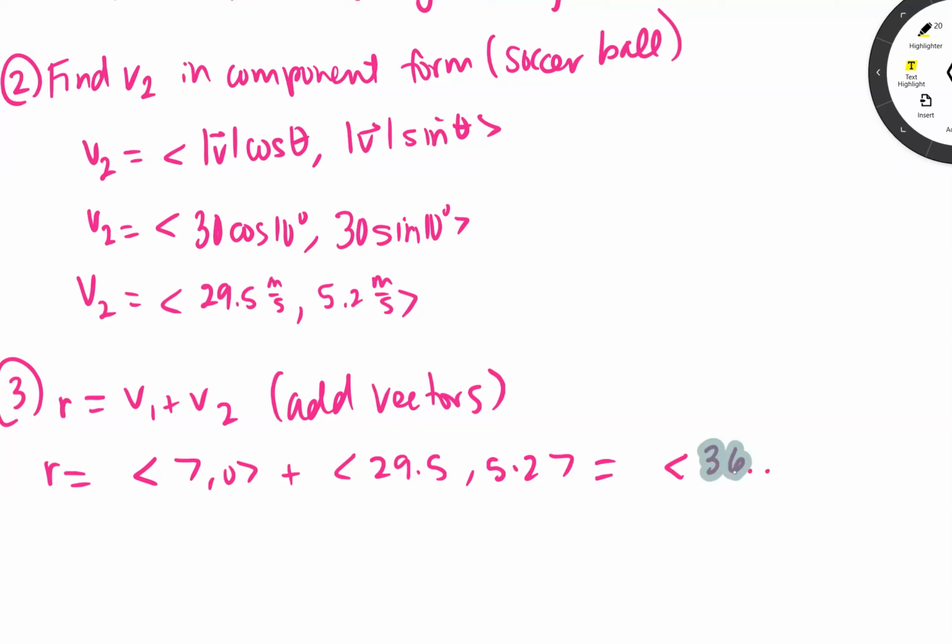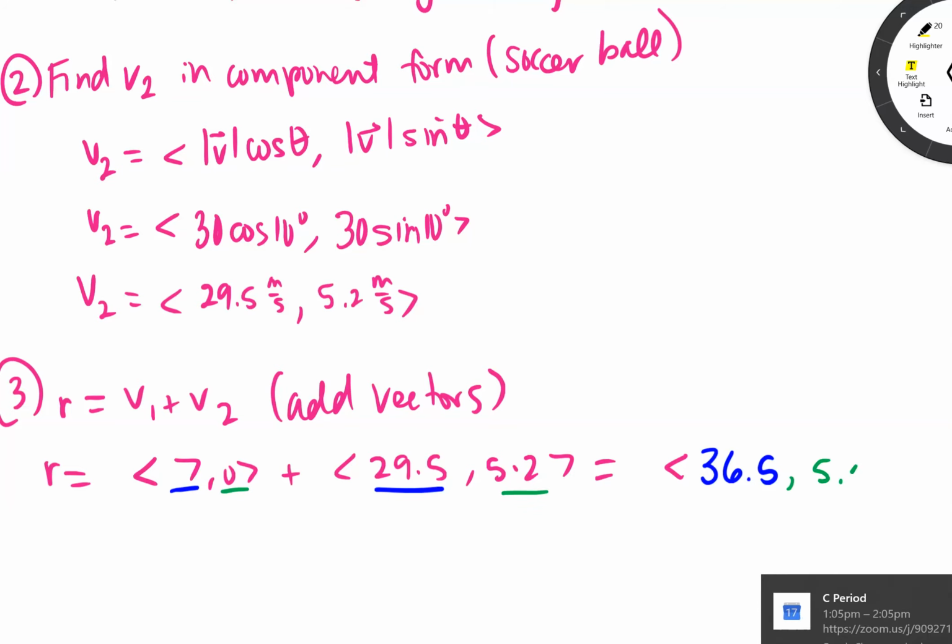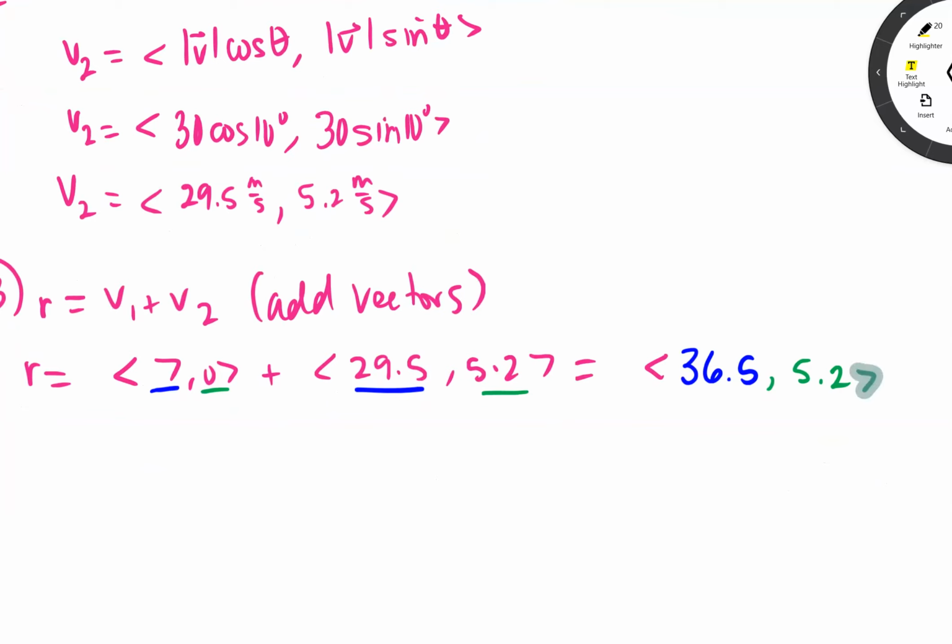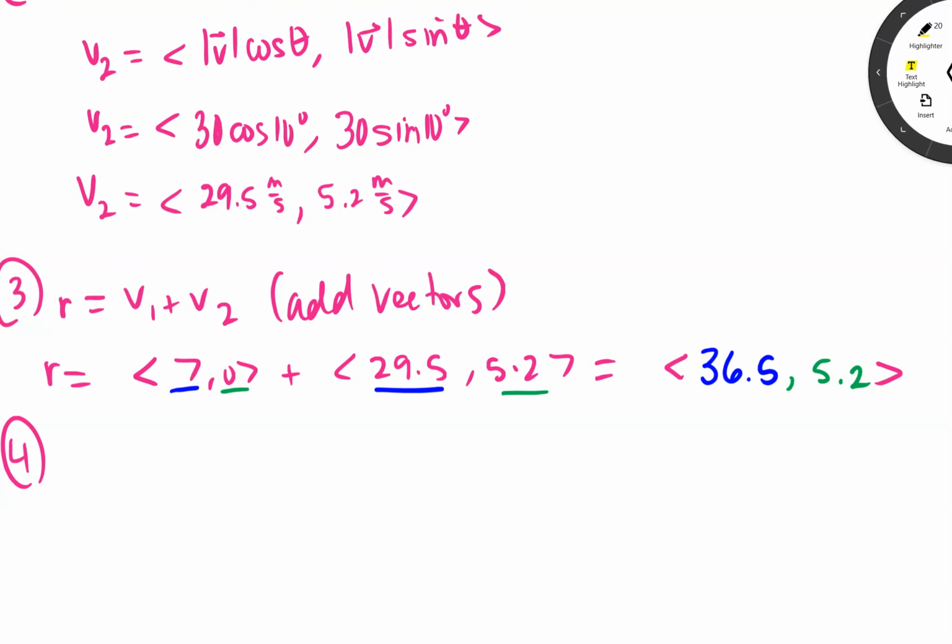This is 7 plus 29.5, so 36.5. Then I'm adding 0 plus 5.2, so 5.2. That's my resultant.